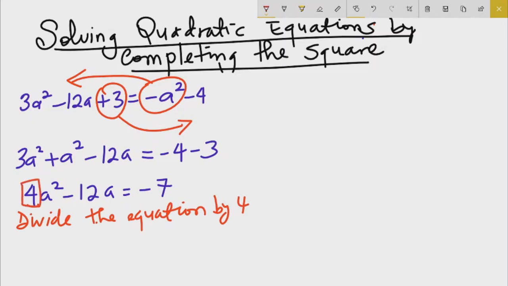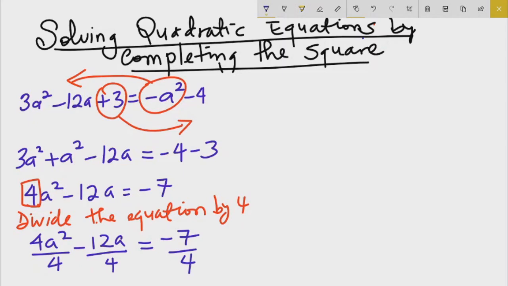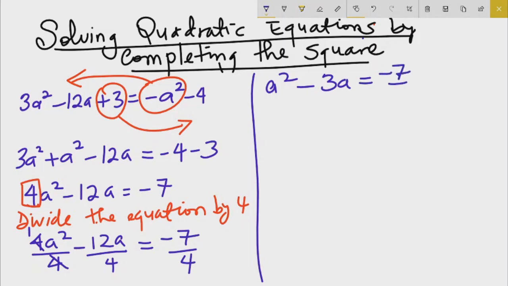So our equation will become 4a²/4 - 12a/4 = -7/4. Okay, so we divide everything by 4. So this will become a², because 4 goes into 4 once, minus 4 goes into -12, that becomes -3a, equals -7/4.